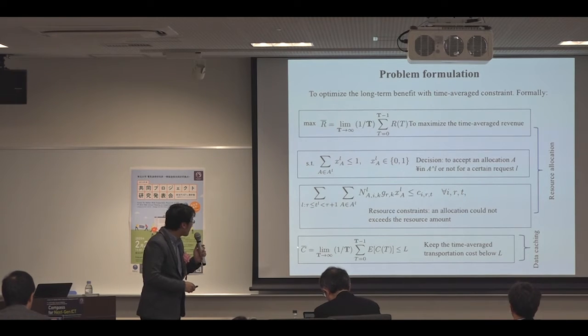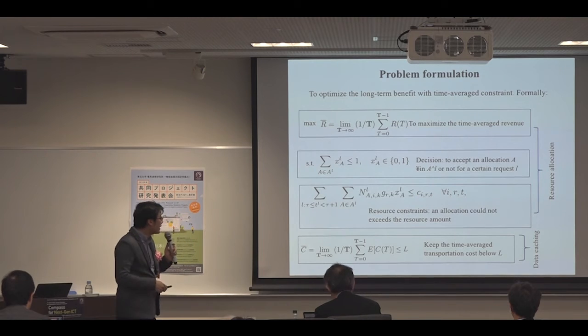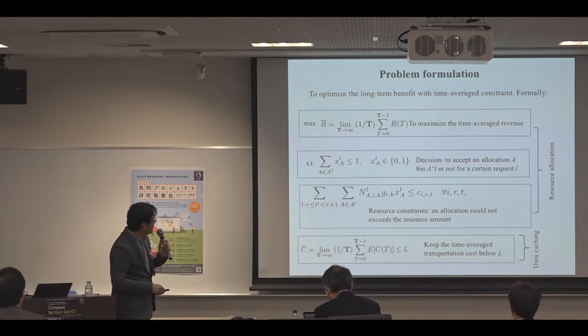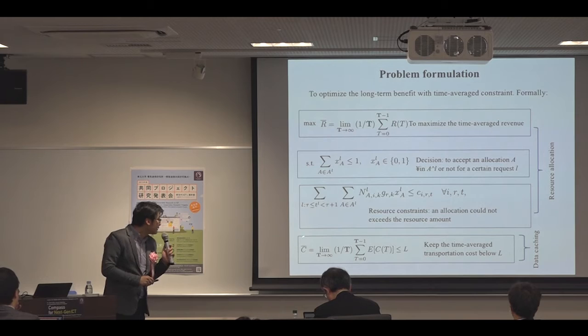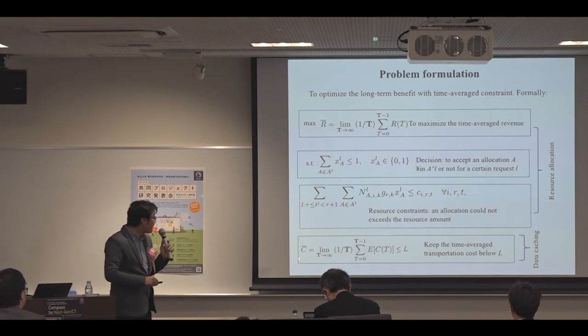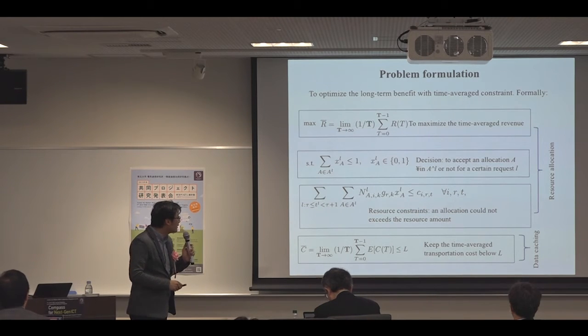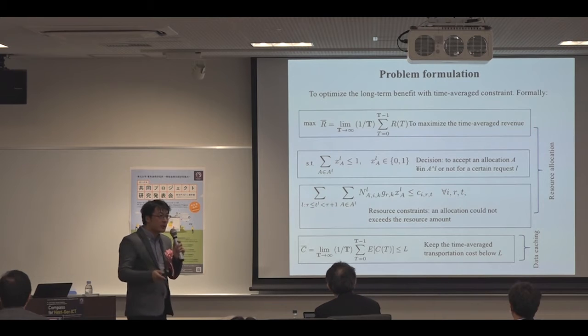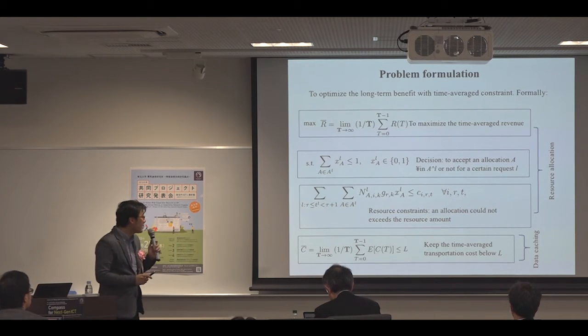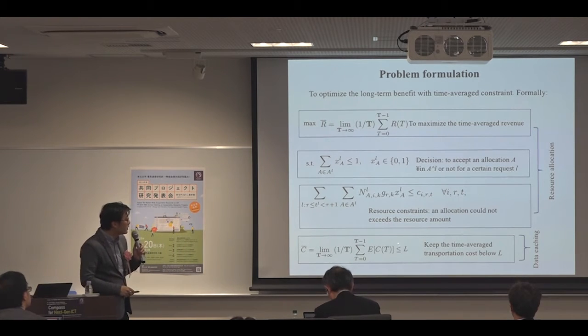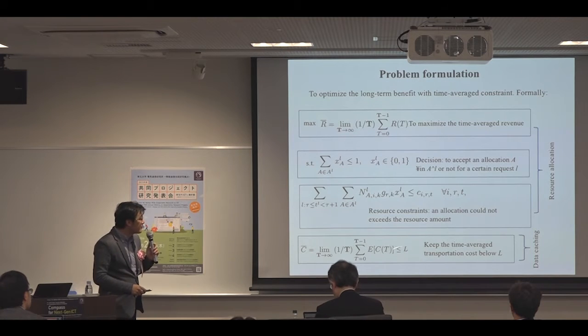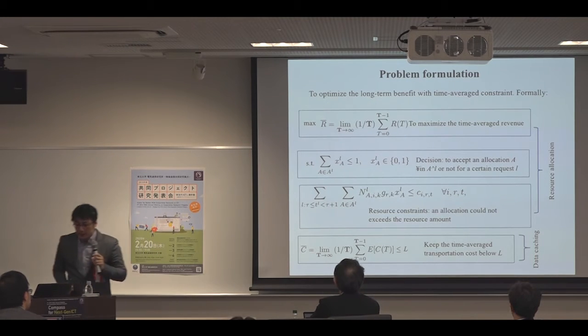as a time averaged constraint like C bar, and we have to make sure the time average cost is less than a specific value.